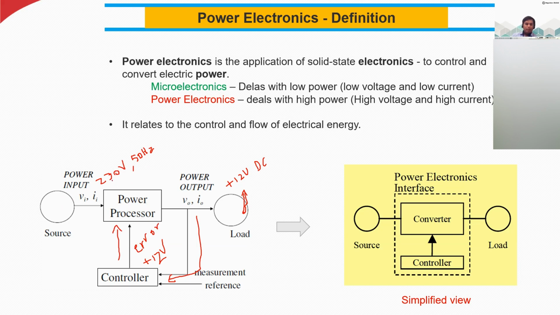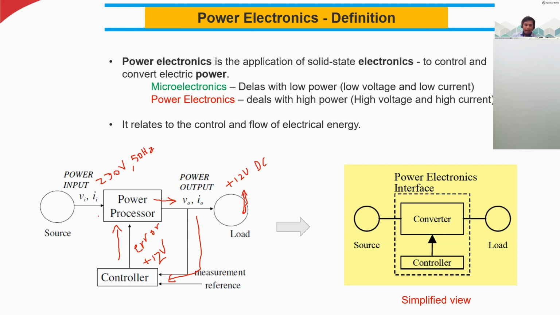The power processor will take this input voltage and the reference signal, and then it will produce the voltage and current which is required by this load. So this is the simple block diagram that represents the function or the purpose of power electronics.